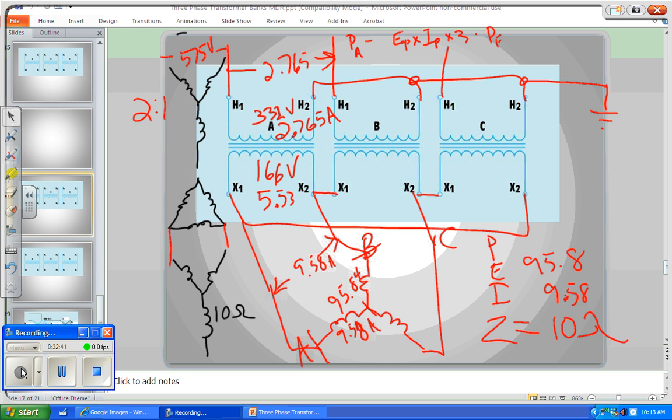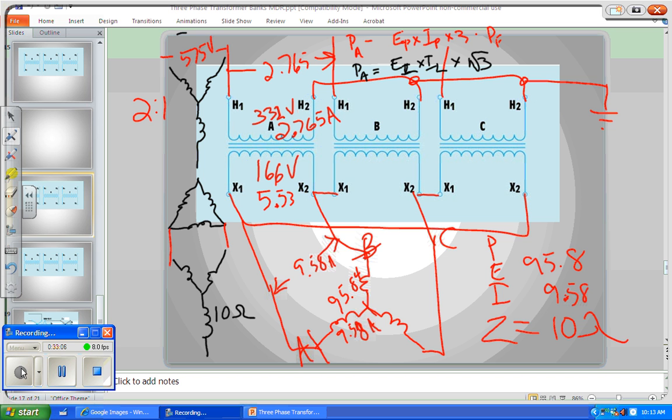Now, if we're talking about line totals, we could say that our apparent power is equal to the line voltage times the line current times square root of 3.